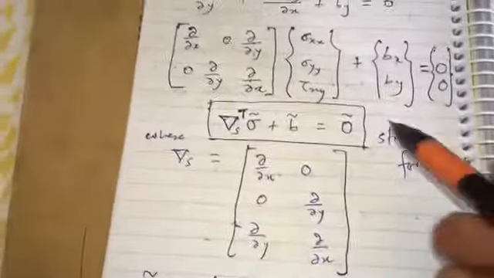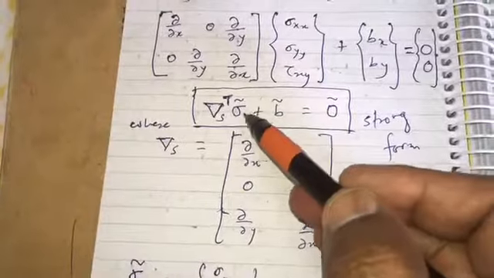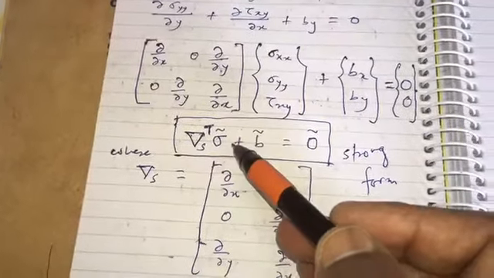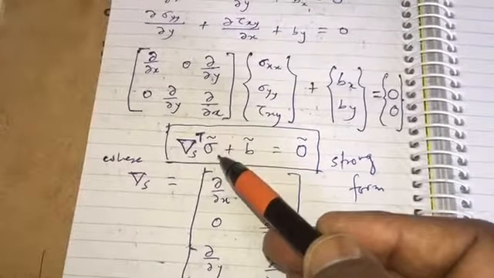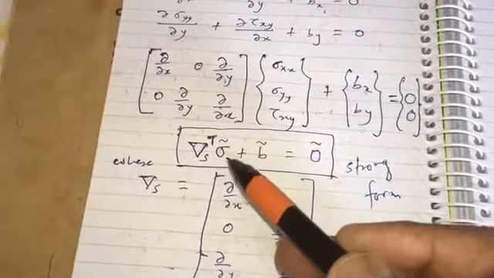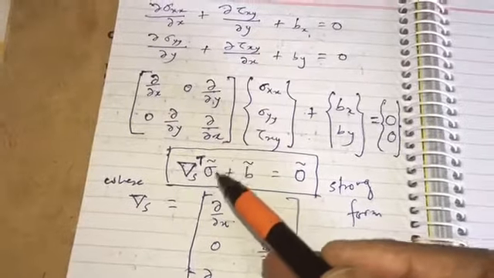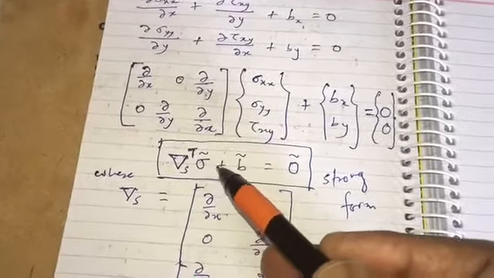However, we still have to find out what sigma is, how sigma is related to the nodal variable, and the nodal variable here is displacement. So we have to first relate sigma with epsilon, that is the material property.